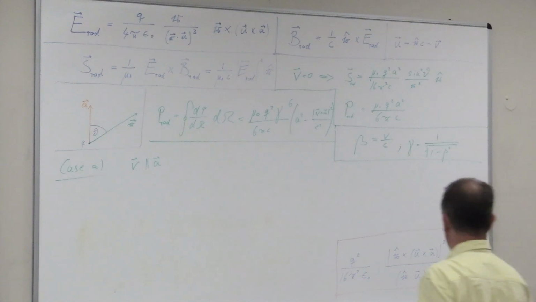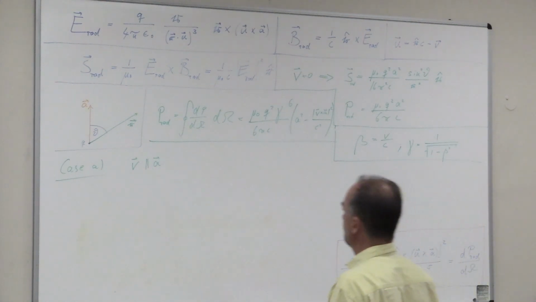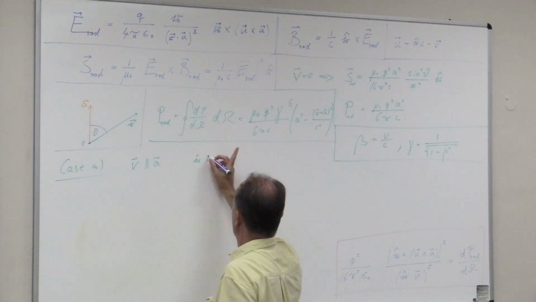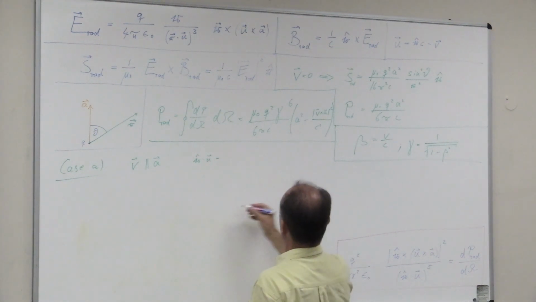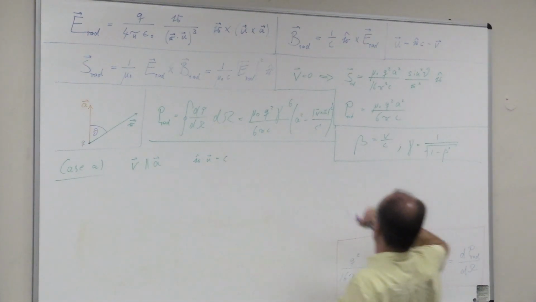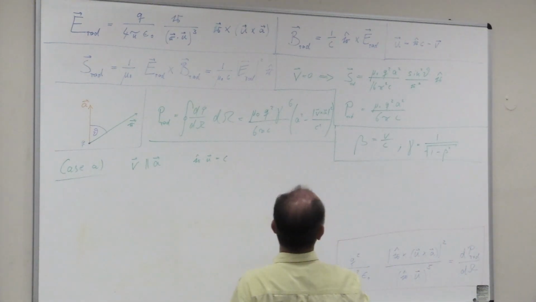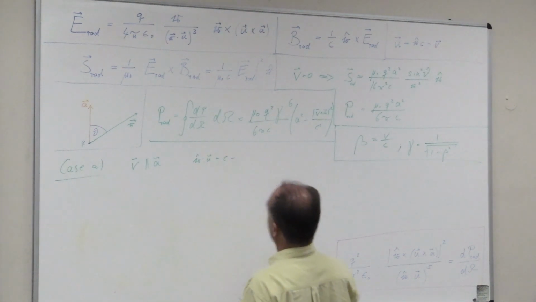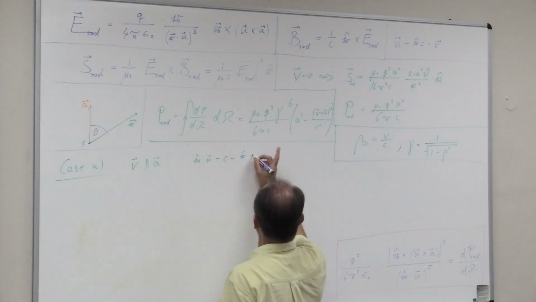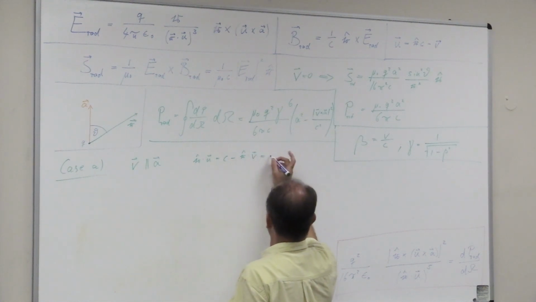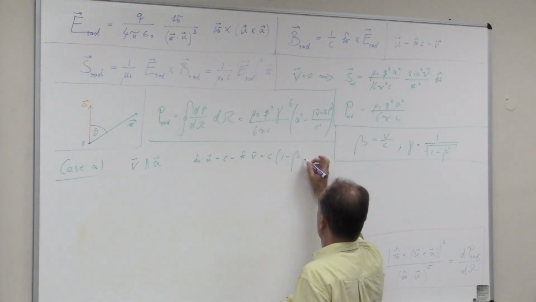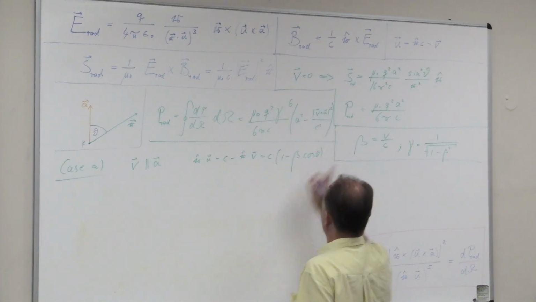So first, R unit vector dot u is still going to be R unit vector dot, R unit vector is 1, so this is c minus, and then R unit vector dot v, and this we can write as c times 1 minus beta cosine theta, right?